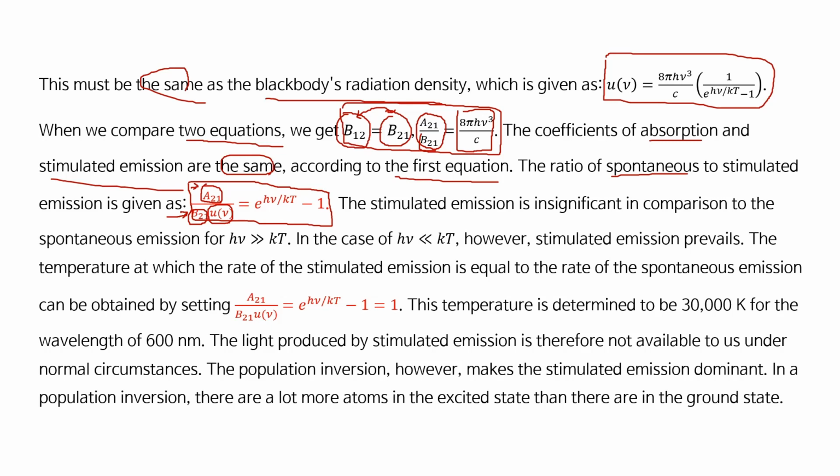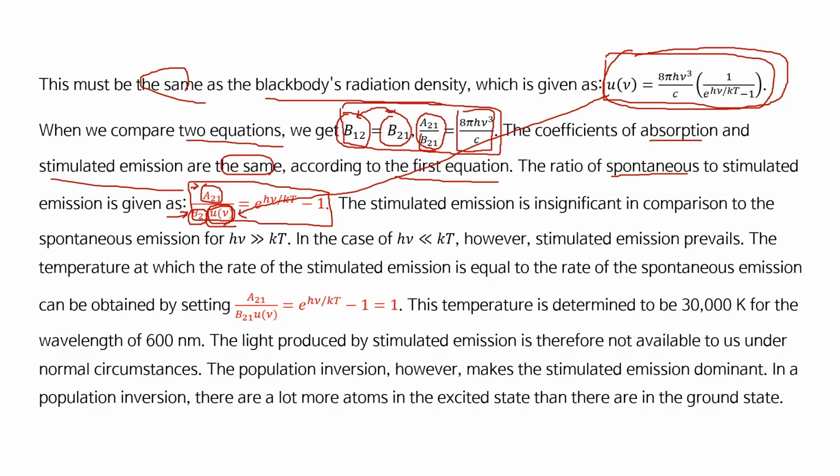So the rate of the stimulated emission is also proportional to the radiation density of the background. And this radiation density is given by this equation, so we can put that here.